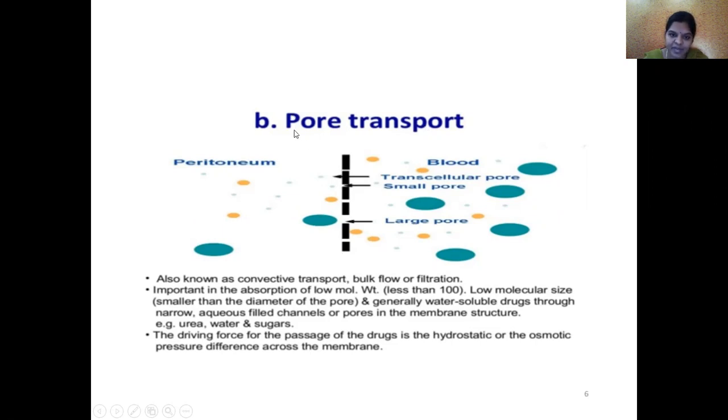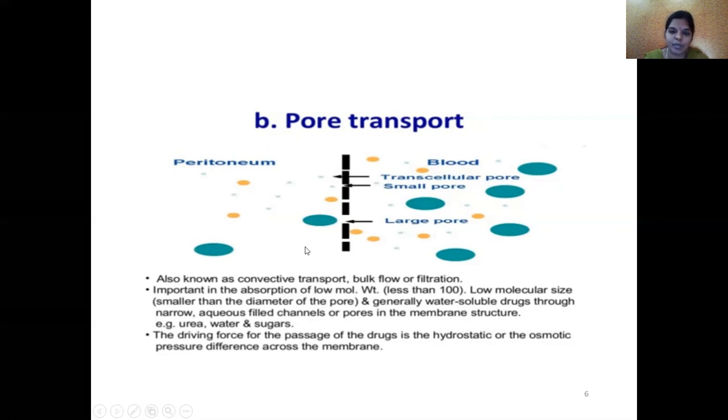The name itself indicates that in this mechanism of drug transportation, pores will be formed in the GI lumen, because the drug molecules enter or exit from the bulk to the site of administration. It is also known as convective transport, bulk flow, or filtration.